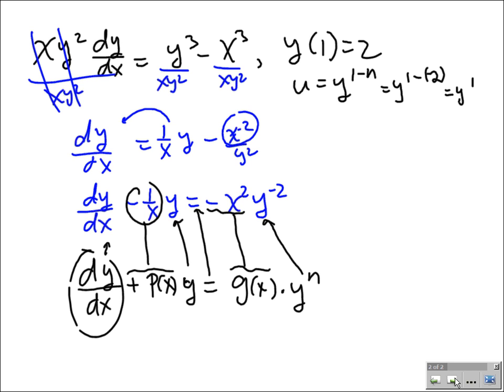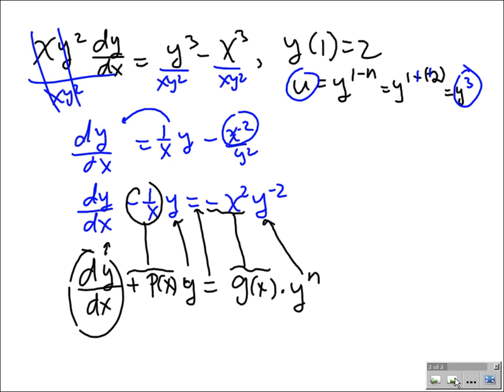So it becomes y to the 1 minus a negative 2, which becomes 1 plus 2, which is y cubed. So u is y cubed. Whenever I see y cubed, I put u.